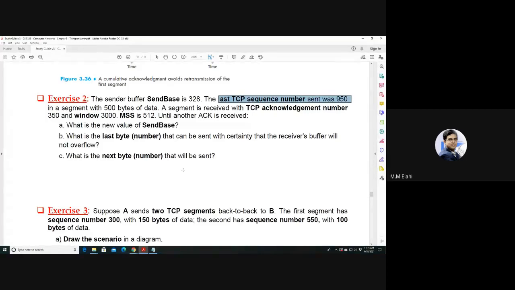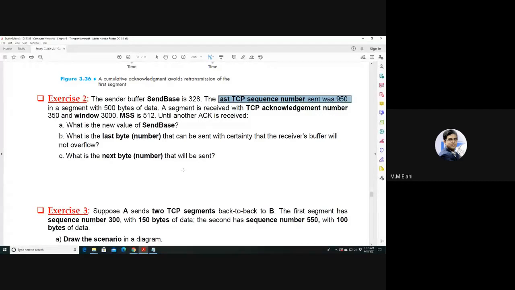Let me finish, then I can take the question again. The sender sends many segments. The last segment was sequence number 950 with 500 bytes. Now the receiver has sent an acknowledgement, that is 350. So you can visualize that maybe the sender had sent 10 segments, but the receiver has acknowledged only the second one.